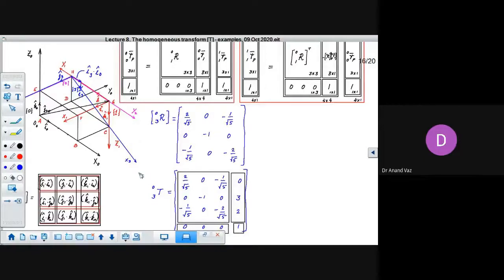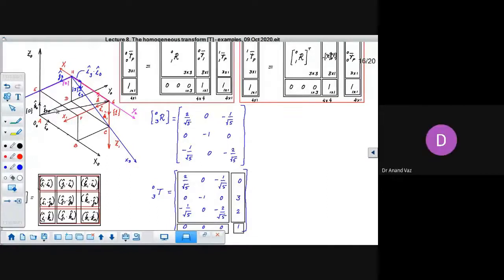Its origin is lying at H. When the observer in frame 0 sees this origin of frame 3 from here, what does he see it as? He sees it as a vector like this, from here to here.